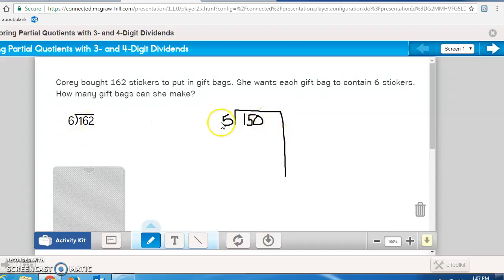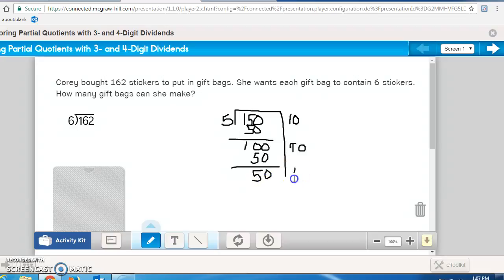So if I estimate that, how many groups of 5 can go into 150 using partial quotients? Well, I can start out with 10. 10 times 5 is 50. I'm going to subtract. I have 100 left. I see that I can get another group of 10 out of that. So 10 times 5 again is 50. When I subtract, I have 50 left over.